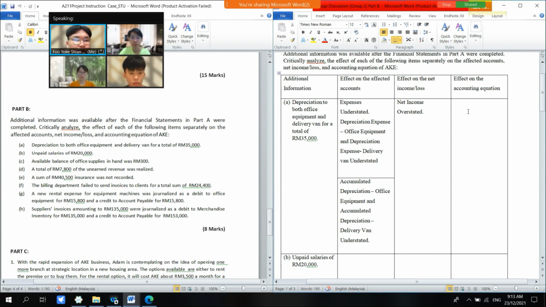And the effect on the accounting equation will be assets overstated, because the fixed assets are not yet offset with the contra asset account, which is accumulated depreciation for both fixed assets.